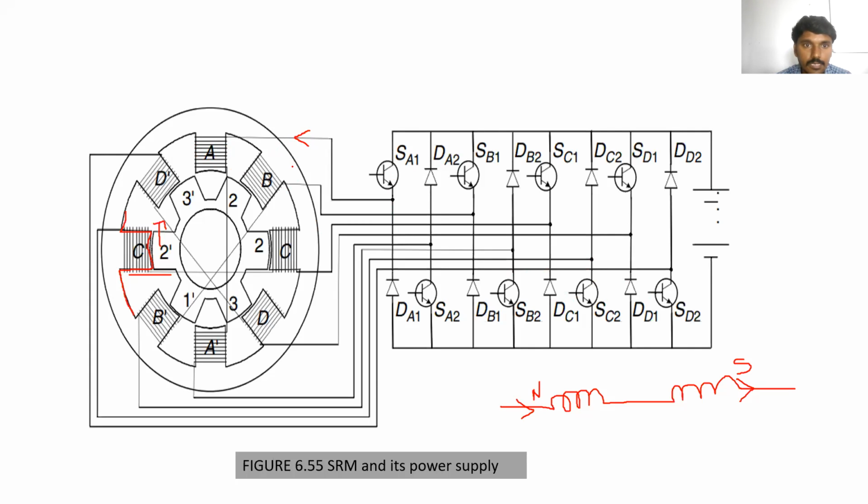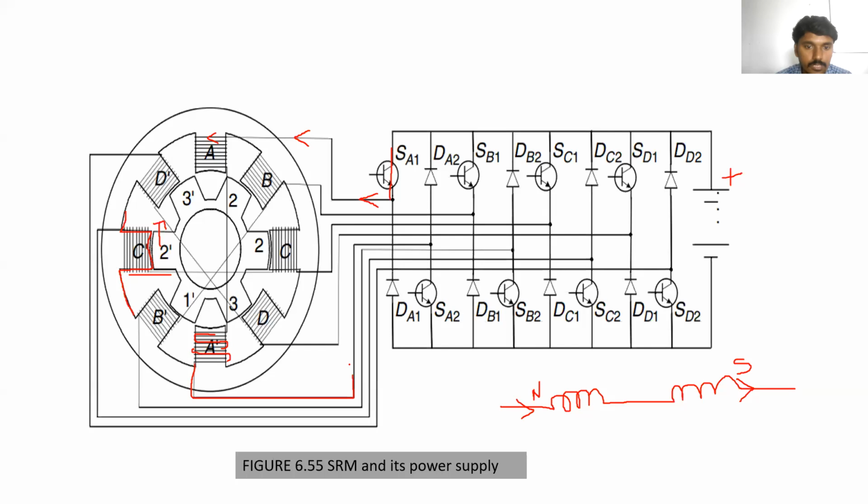Yes. In order to flow the current through this coil, the A coil, the positive terminal of the battery is connected like this, and the SA1 should be closed. The current will flow through this circuit and through this coil, and the current will exit through the A dash coil.